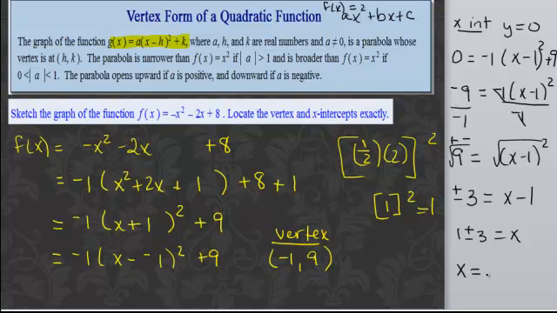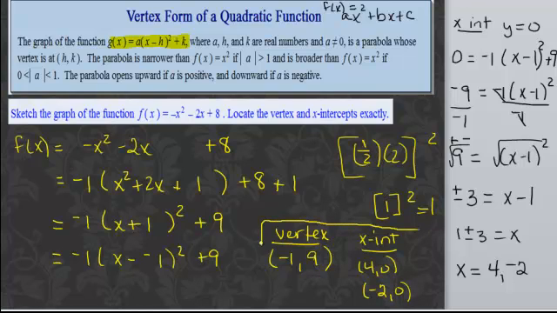X is equal to negative 1 plus 3 is 2, and negative 1 minus 3 is negative 4. So your x-intercepts will be 2, 0, and negative 4, 0.